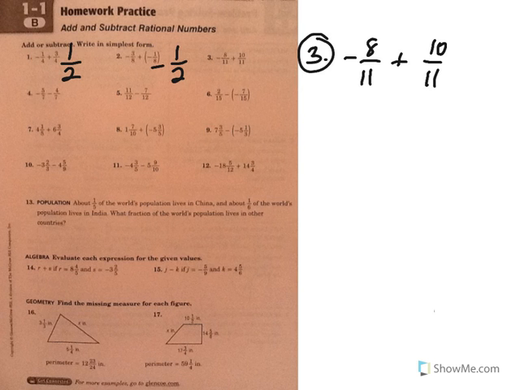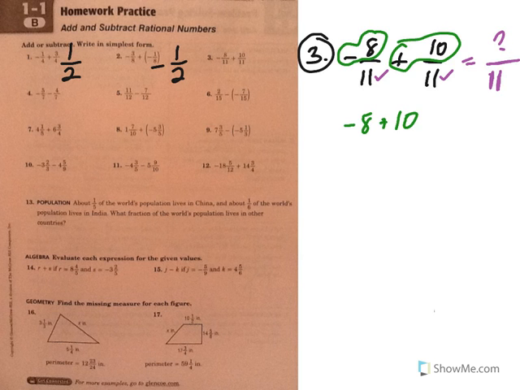Number 3 is -8/11 plus 10/11. Once again, the check is 11ths, so we're good to go. Answer will be represented as something 11ths. Now we have -8, and we're adding 10. That's -8, add 10.